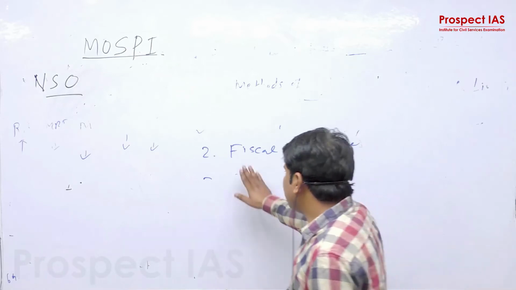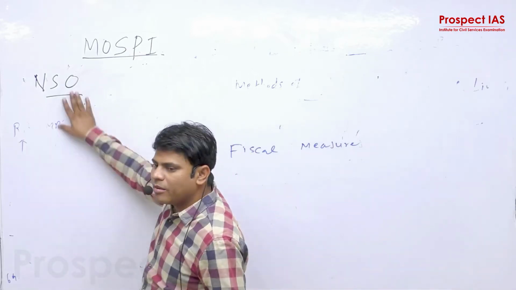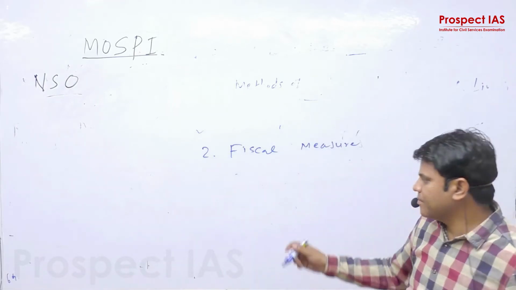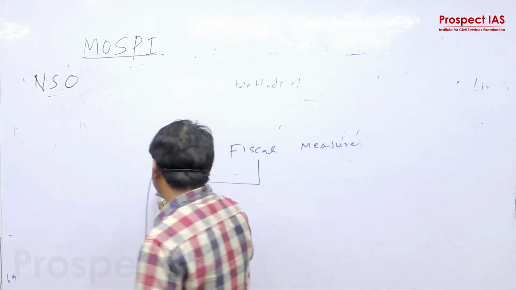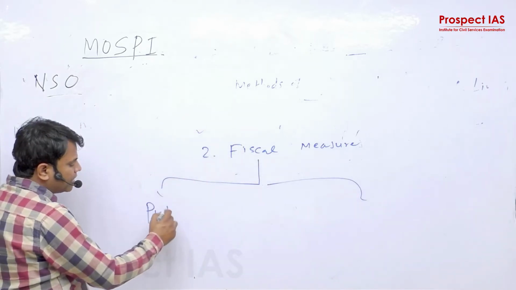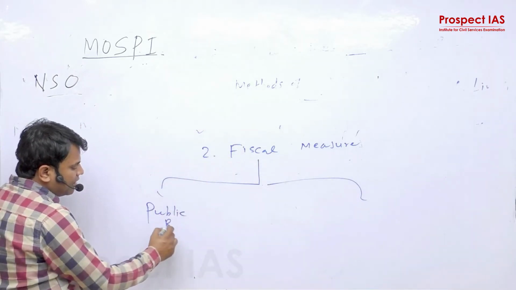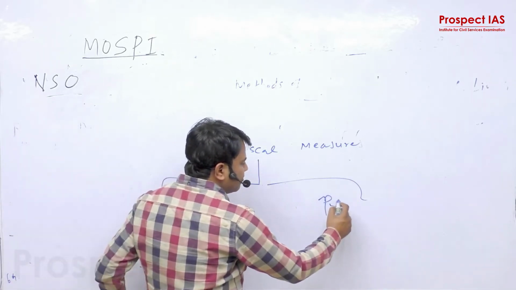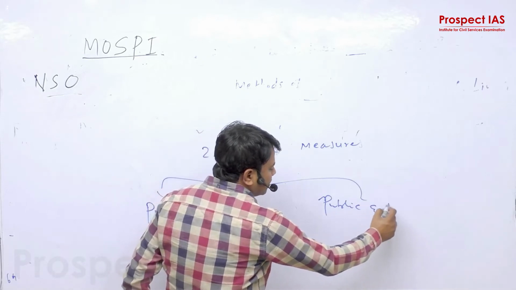So under fiscal policy of the government, two important things are being included. The first is the public revenue or the revenue of the government, and second one is public expenditure or expenditure of the government.